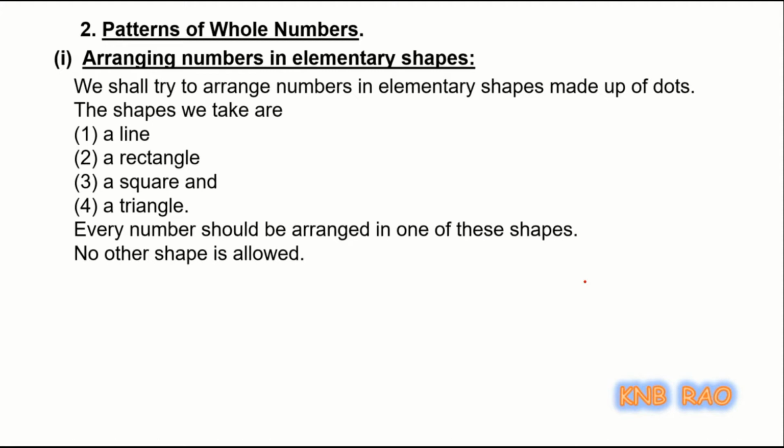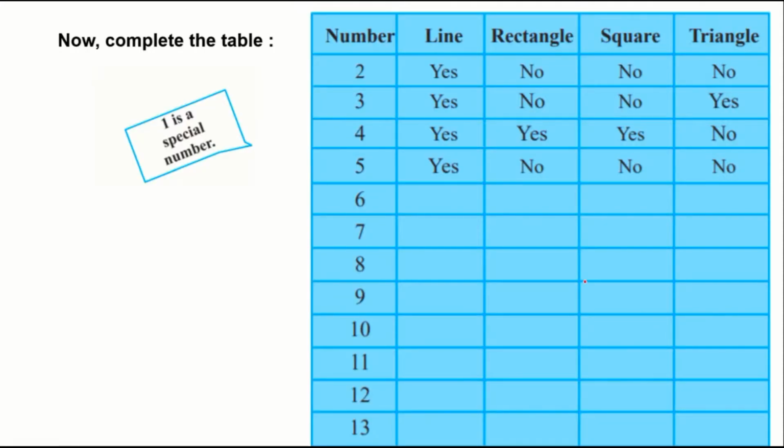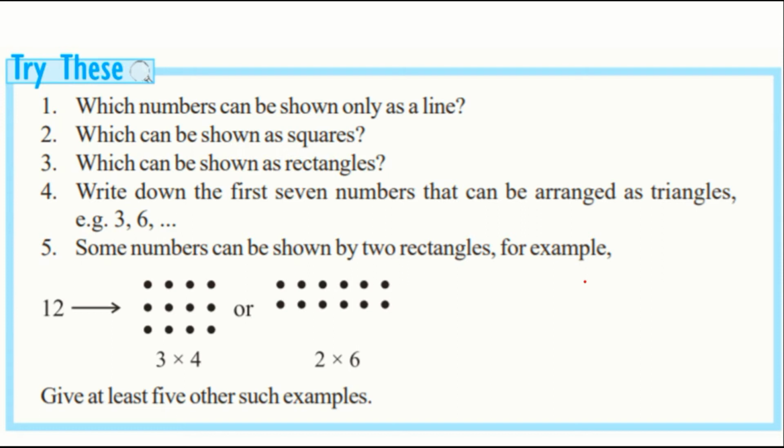Later, you tabulated which are all those whole numbers that can be arranged as a line or a rectangle or a square or a triangle or more than one shape. Later, you solved the Try These in your previous session.